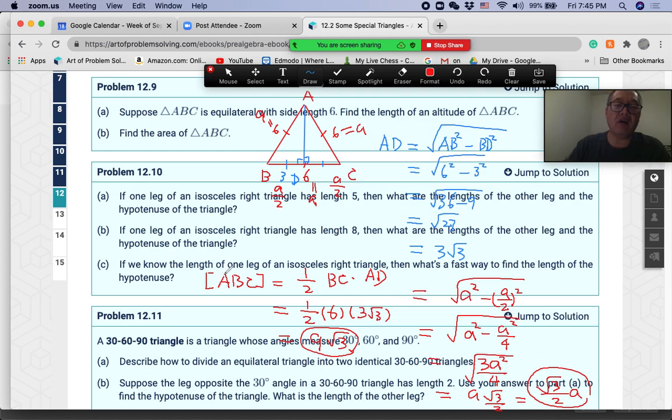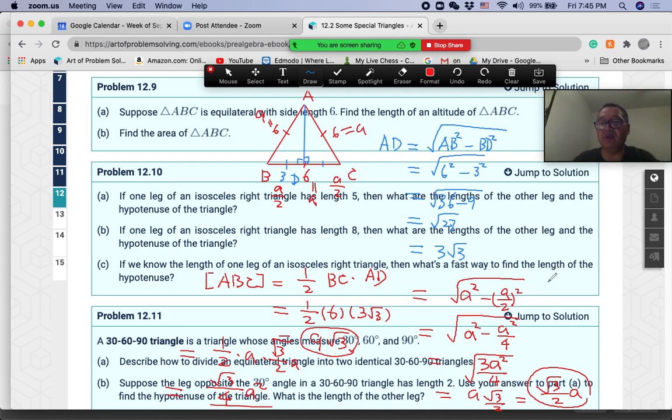Now let's calculate the area of this triangle if we only know the length is A, not a specific number. You can still do 1/2 times A times root 3 over 2 times A. Then you get root 3 over 4 times A squared, right? Then we can check if this is right.